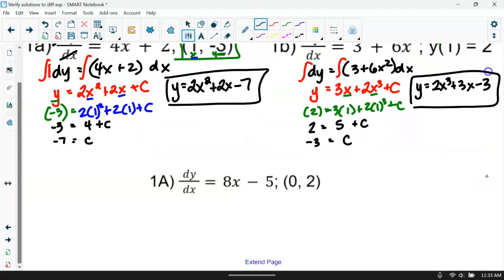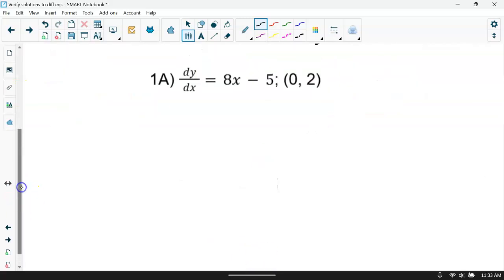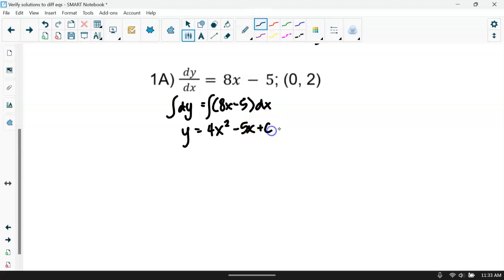Here, pause the video and try this one on your own. Find the particular solution given our differential equation. And here we go. Again, you find the integral of dy and 8x minus 5 with respect to x. So y is equal to 4x squared minus 5x plus c.